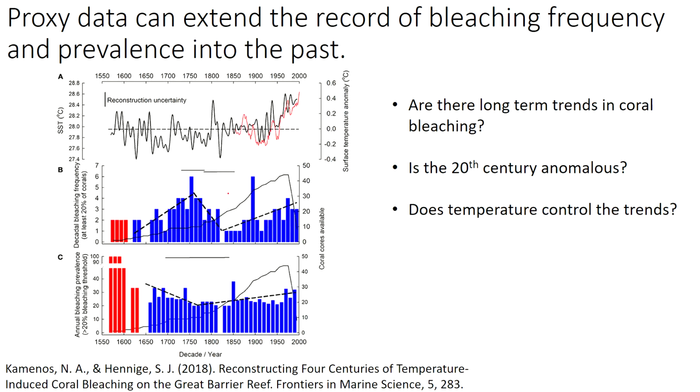And we can compare that to the evidence for bleaching, or at least low rates of coral growth in any particular year. That's what's shown in the bottom two plots, two different ways of expressing how frequent these bleaching events are. But effectively, you can see over this long time period, we don't really see the same pattern as we do in the temperature record.